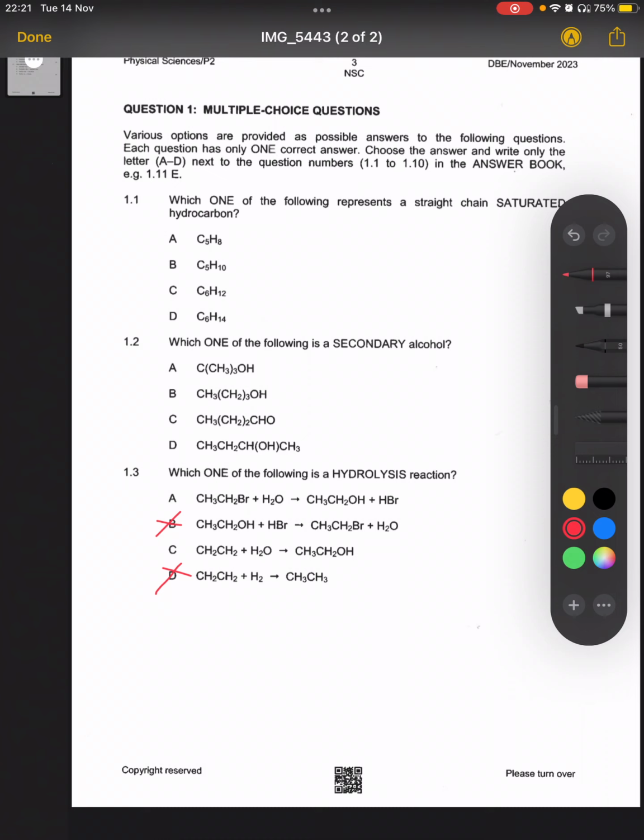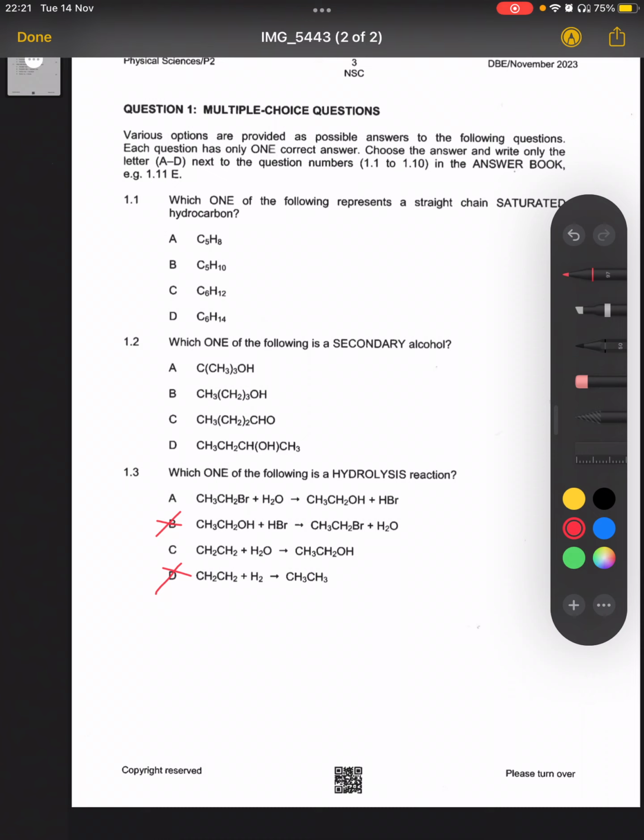Now, we're already looking at A and C. Hydrolysis reaction in organic chemistry would be a reaction of a haloalkane to produce an alcohol.